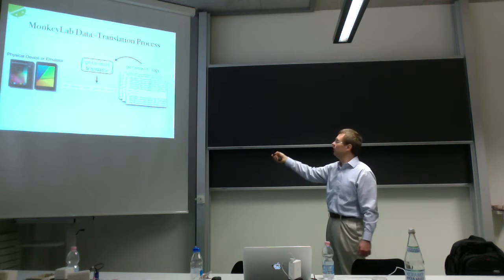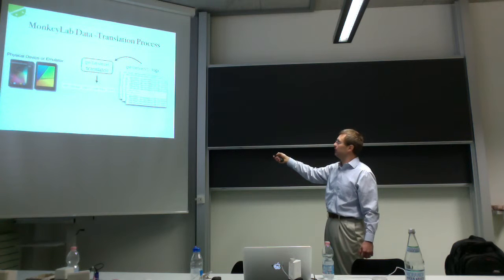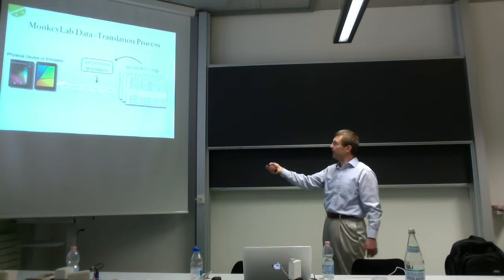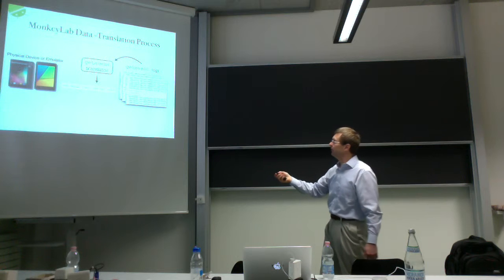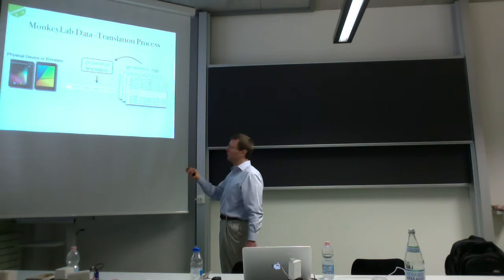Like in this case, we know that we need to tap in this particular location. And this is why we have the getevent translator that essentially clusters this log into these commands that we can execute on the server. In this case, this execution is done by relying on Android Debug Bridge.